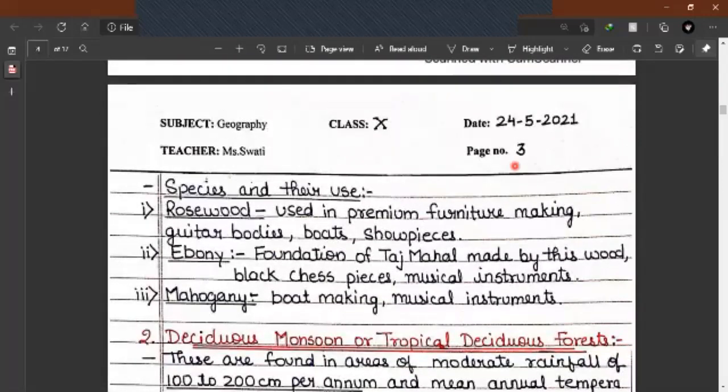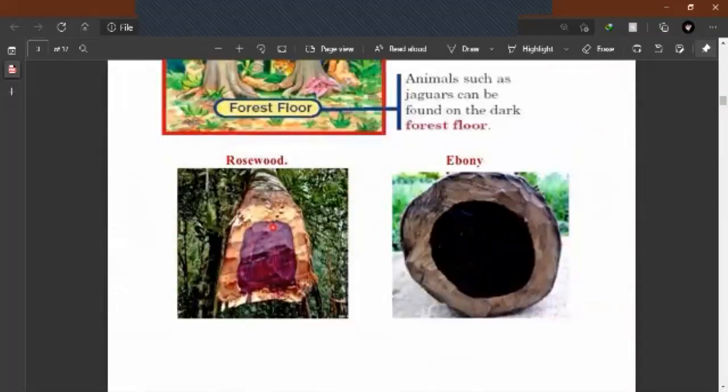The species of such forests are: number one, rosewood. Now this is a picture of a log of rosewood which is reddish in color at the center. Rosewood is used in premium furniture making, guitar bodies, boats, showpiece making.